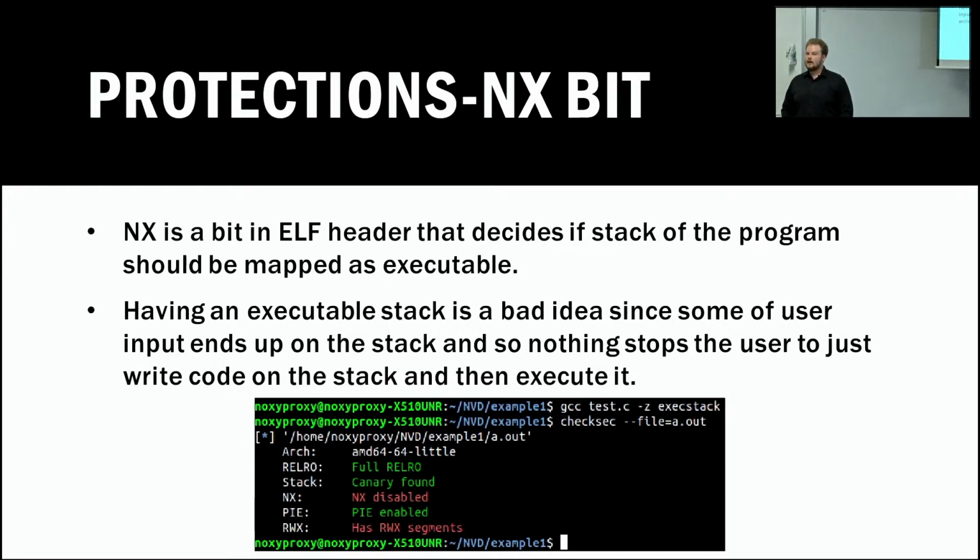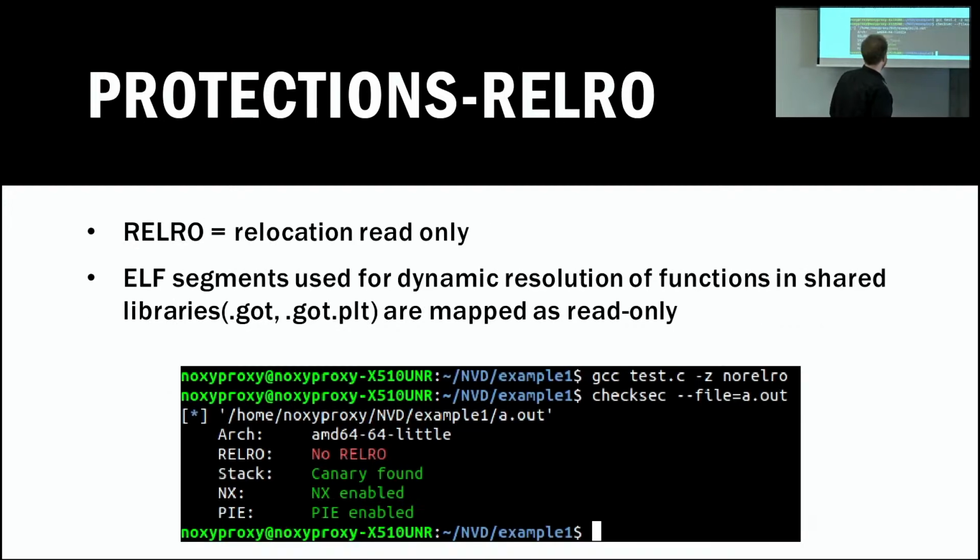The code would just get executed because the stack was mapped as an executable area in the binary. The NX bit says no: if the instruction pointer gets placed somewhere on the stack, abort immediately.